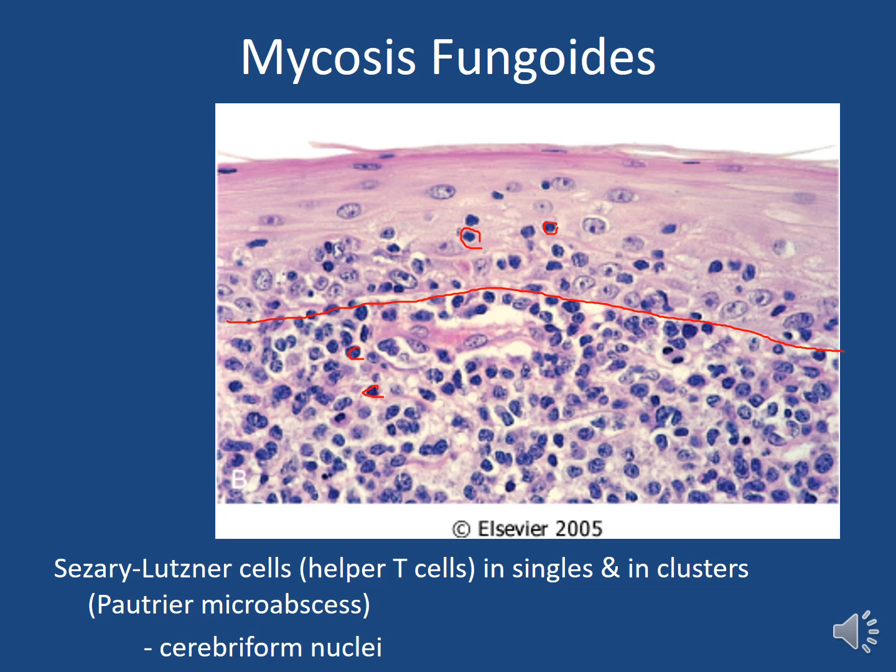So these are now the neoplastic helper T cells infiltrating the epidermis. They may be present in singles or in clusters, forming this aggregation of white blood cells, which is called the Pautrier microabscess.